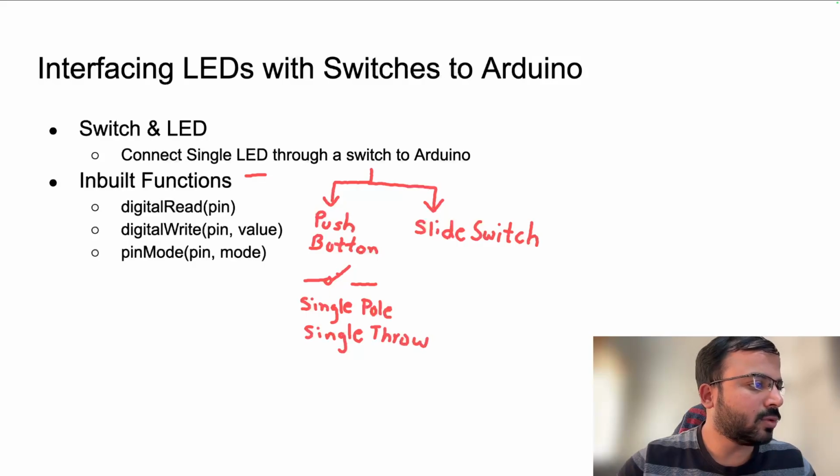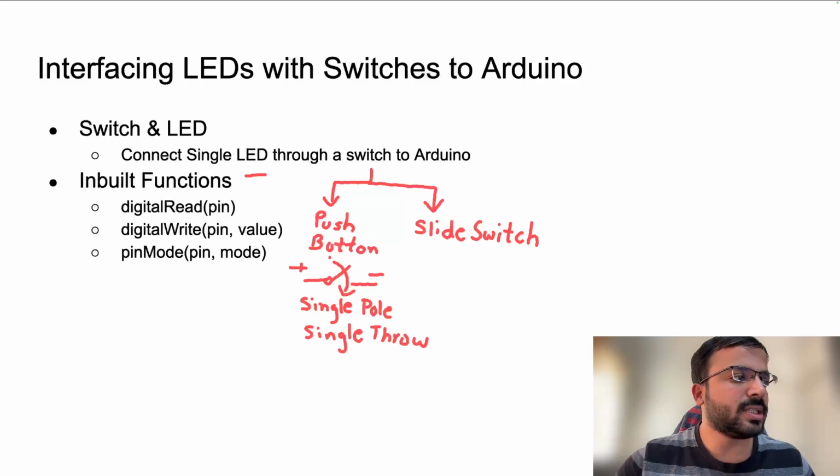Once we connect this switch like this, the circuit is connected and the current will flow. So there is one input pole and one single throw to connect the on and off condition so that the circuit completes. So this is our push button, a simple switch. Now what is a slide switch?